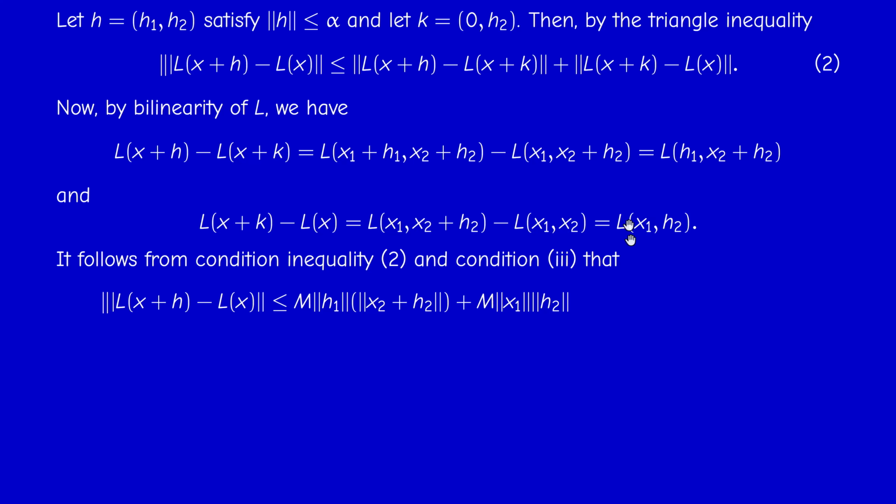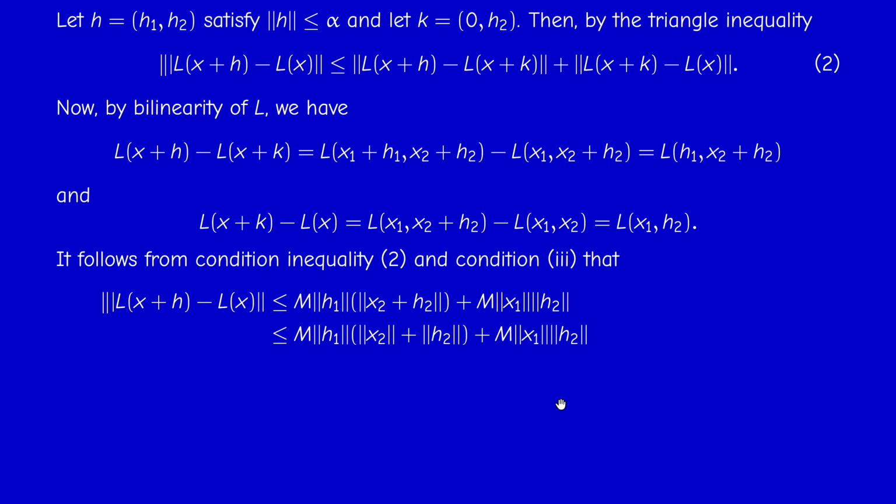And I apply the same condition for the norm of the second term. Now I put everything together. So first, I apply the triangle inequality to this term. So the norm of the sum is less than the norm of x2 plus the norm of h2. This is the triangle inequality.